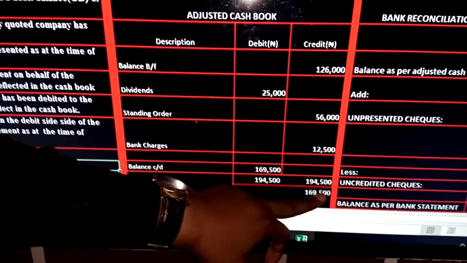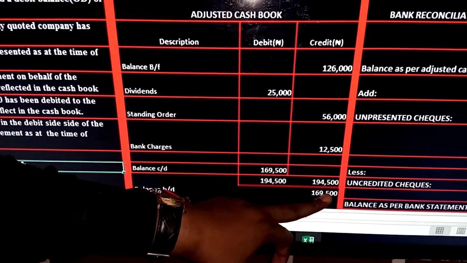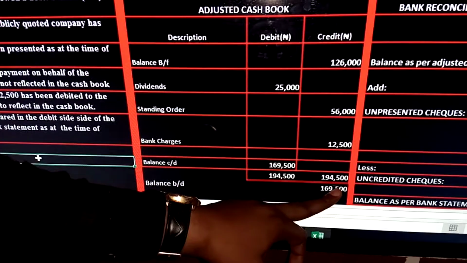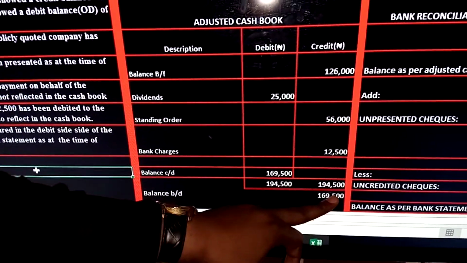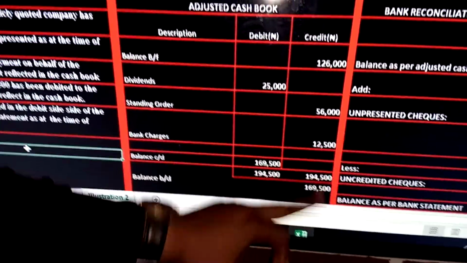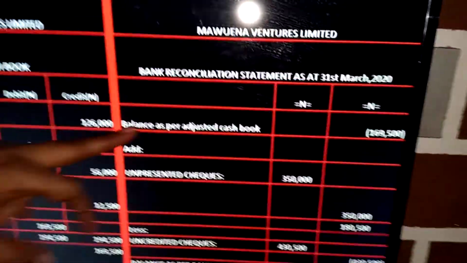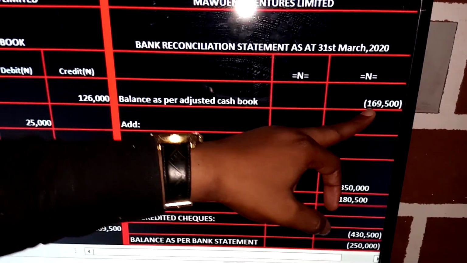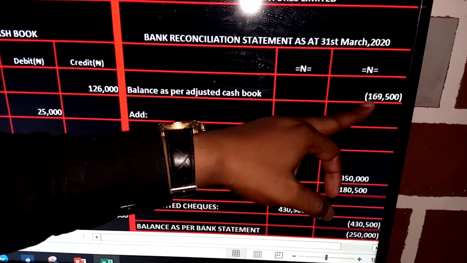And I told you that if you have a credit balance in the adjusted cash book, if you're taking it to the bank reconciliation statement, it must be what? Negative. So we have balance as per adjusted cash book 169,500 negative because it's a credit balance.